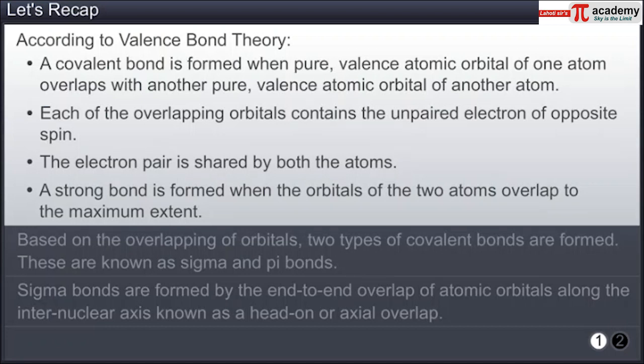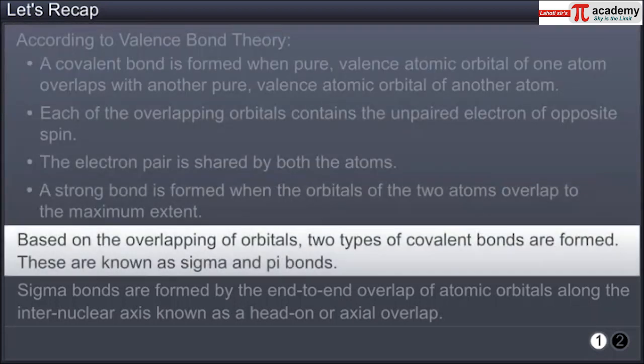Each of the overlapping orbitals contains an unpaired electron of opposite spin. The electron pair is shared by both the atoms. A strong bond is formed when the orbitals of two atoms overlap to the maximum extent. Based on the overlapping of orbitals, two types of covalent bonds are formed. These are known as sigma and pi bonds.